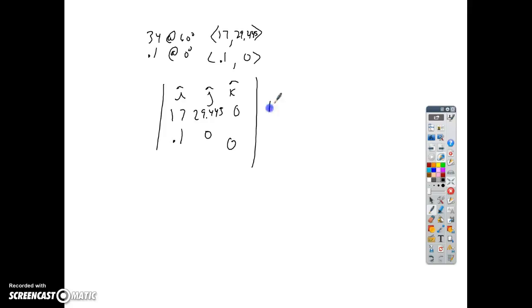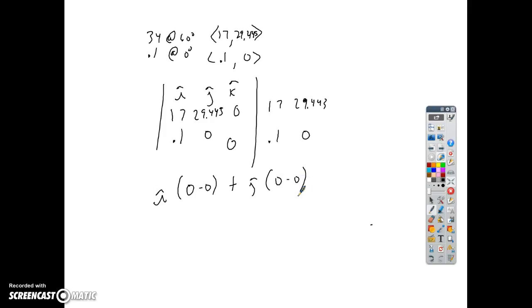So now I'm going to add the first two rows. And 0. So far, so good? Now, what am I going to do? I hat is going to be this times this minus this times this. So that's going to be 0 minus 0. So I hat's going to fall off. Plus J hat is going to multiply this times this minus this times this.